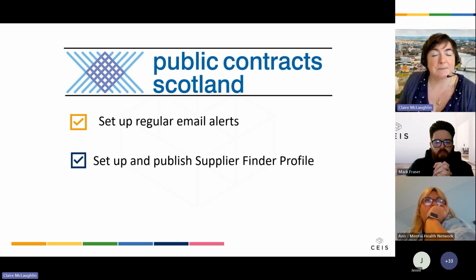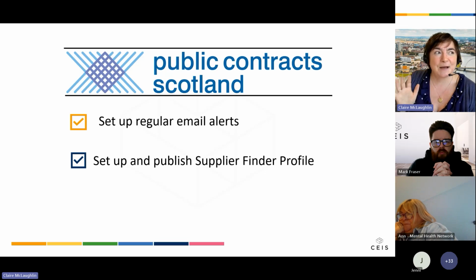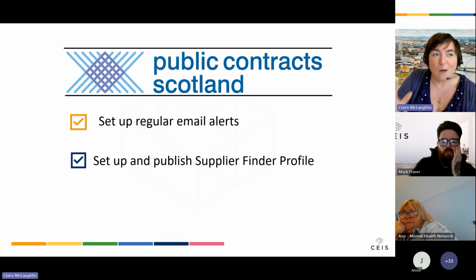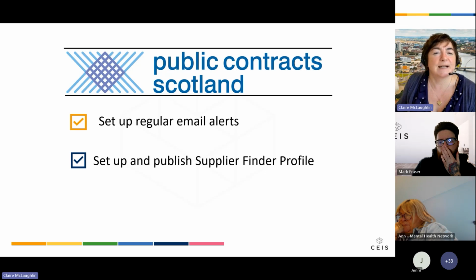You want to set up and publish your Supplier Finder profile. So we've talked in quite a bit of detail about how to do that, why you would do that. So hopefully I've convinced you that it's worth your time to set up and publish a Supplier Finder profile.